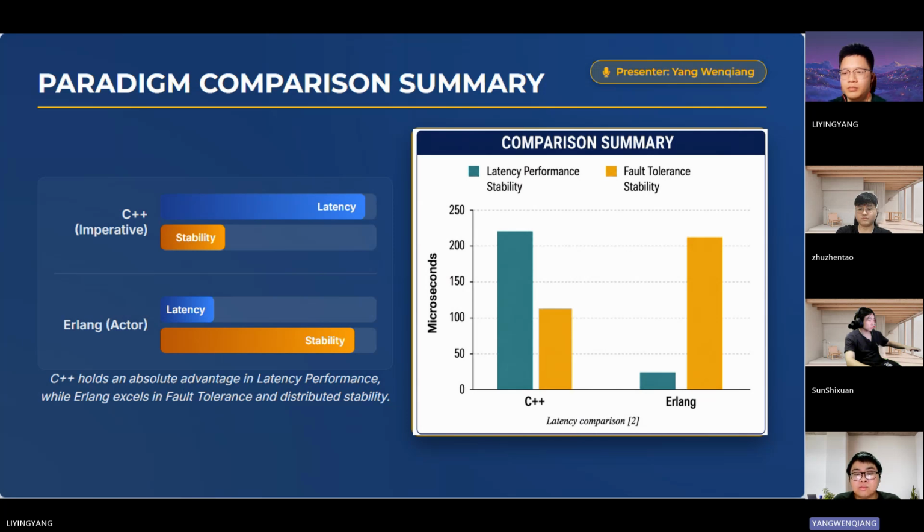Unlike C++, the Erlang actor model works better in fault tolerance and system stability. Even when an unexpected error happens, the system can keep running without big interruption. To sum up, C++ delivers speed while Erlang ensures reliability. This is the key trade-off we found.